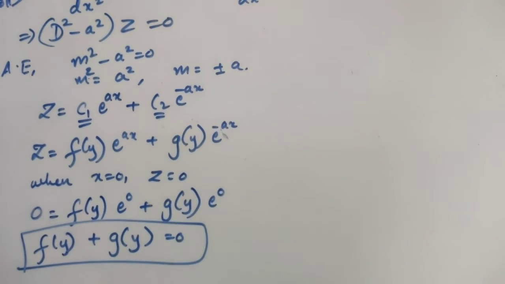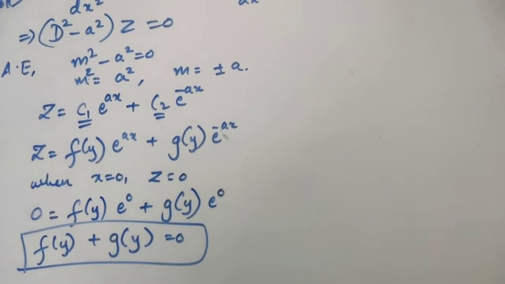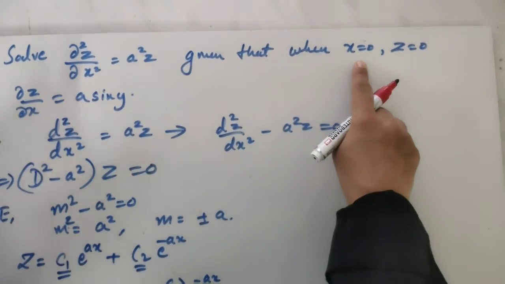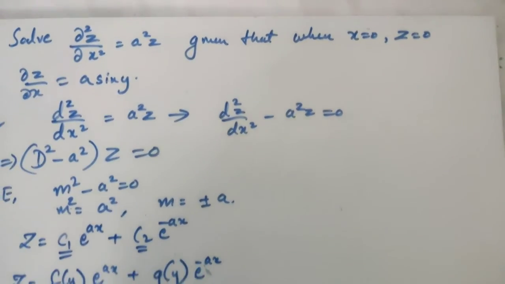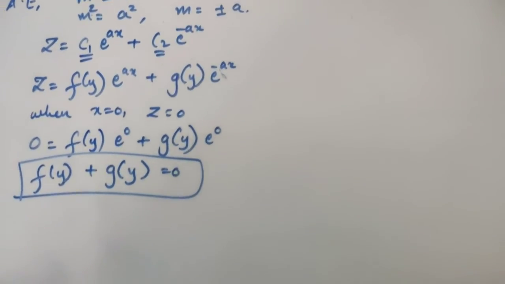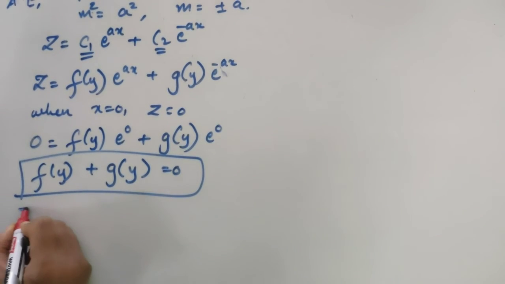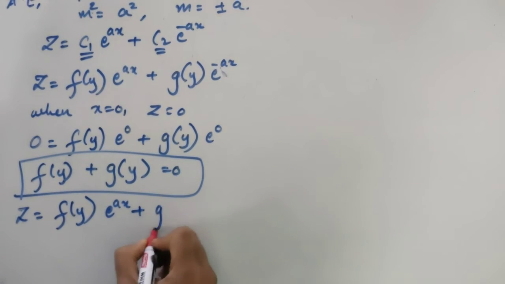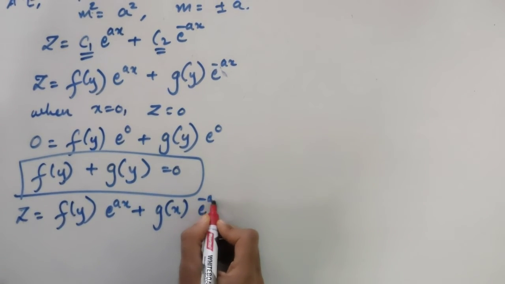Now secondly, it's given that when x is equal to 0, dou z by dou x is a sin y. So let's work out dou z by dou x from our solution. We have the solution as z is equal to f of y into e to the power ax plus g of y into e to the power minus ax.